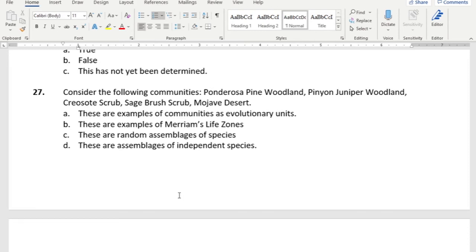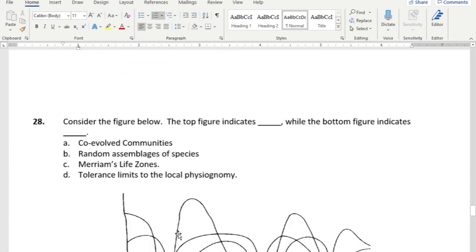We did talk briefly, at least, about Merriam. They are not random assemblages of species. They are assemblages of independent species to some degree. So the correct answers for question 27 would be either D or B. Okay, so they're examples of Merriam's life zones, and they are assemblages of independent species.